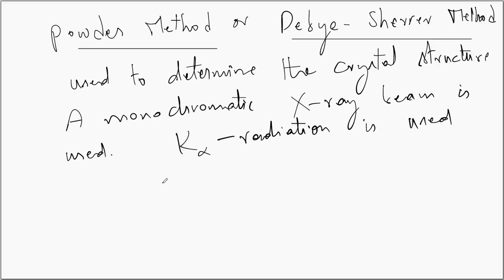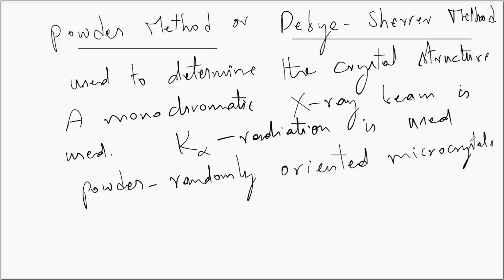This radiation is incident on a powder consisting of randomly oriented microcrystals. The randomly oriented microcrystals form the powder. The powder specimen is generally placed at the center of the camera.